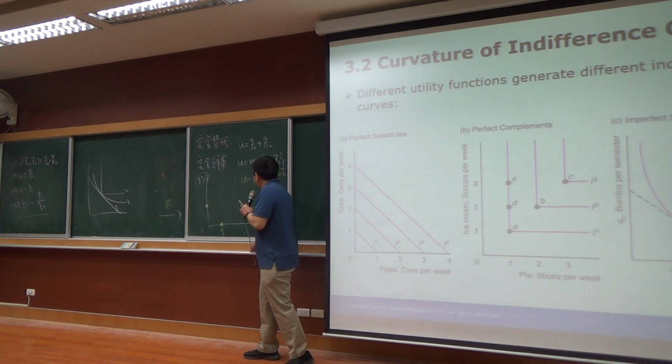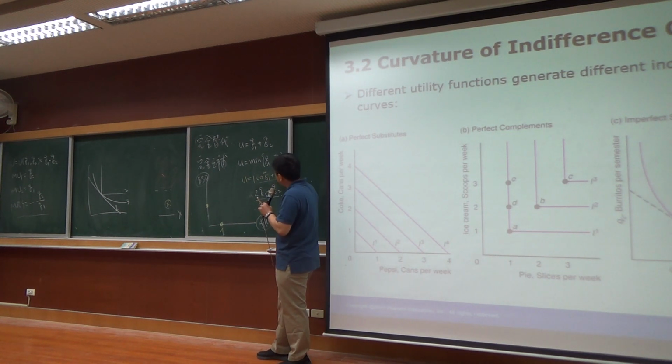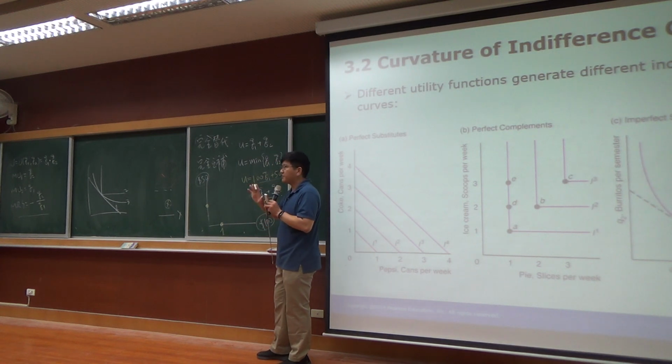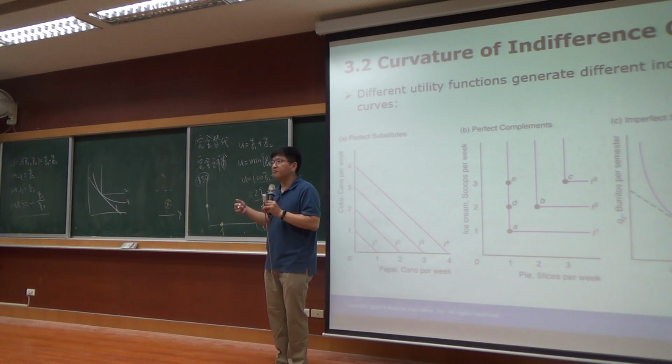And the reason why I say it can be 2Q1 plus Q2 is not an equal sign here. We may put this into this because we just divide this term by 50. So it's still a positive monotonic transformation, right?